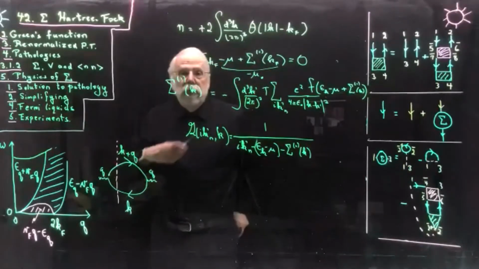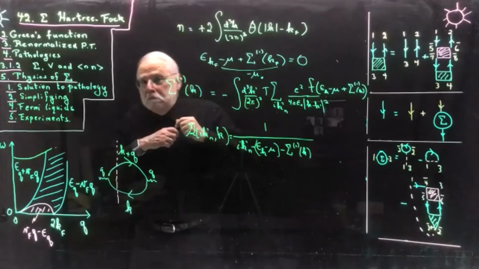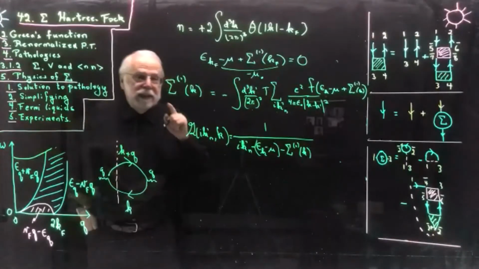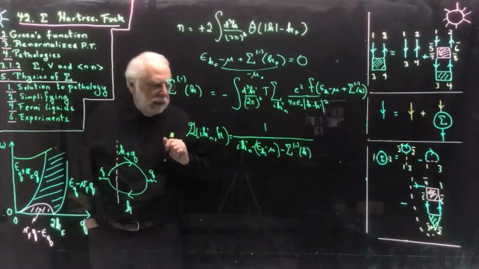Okay, now there's another way to think about this, which you will say, well, this is ridiculous, but you will see that it will be very helpful when I discuss broken symmetries.